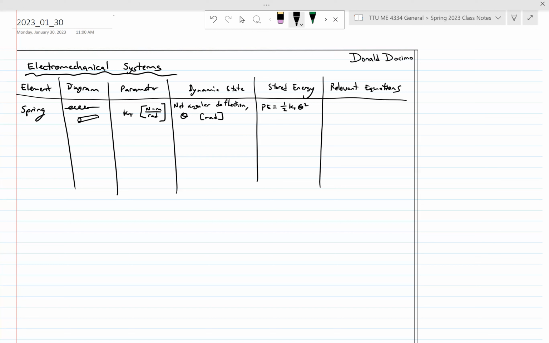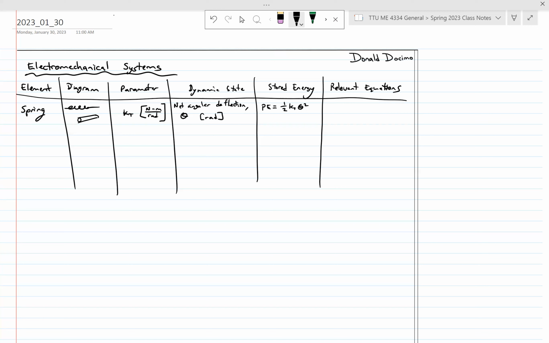Relevant equations. What were our relevant equations with our translational mechanical systems? And how can we move them to this world? All right. What was the name of one of them? Had a specific name to it that you guys should know by heart now. Hooke's law, right? So what do we think Hooke's law is going to look like for a rotational system? So Hooke's law says force is equal to K times deflection, right?